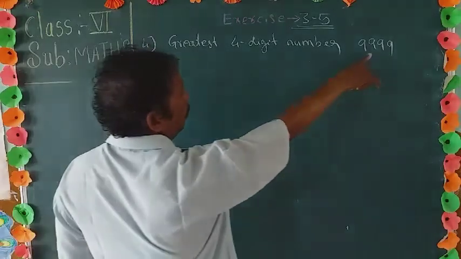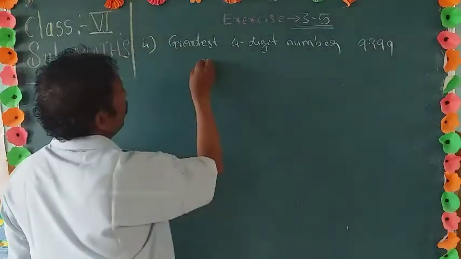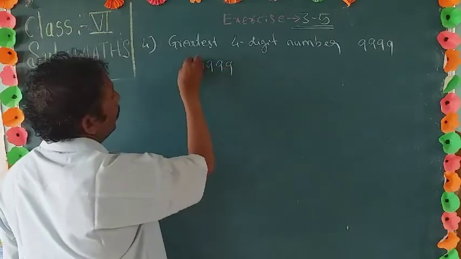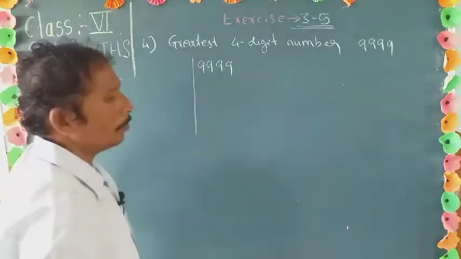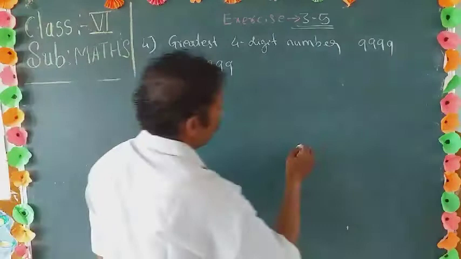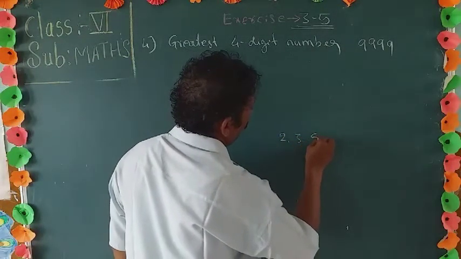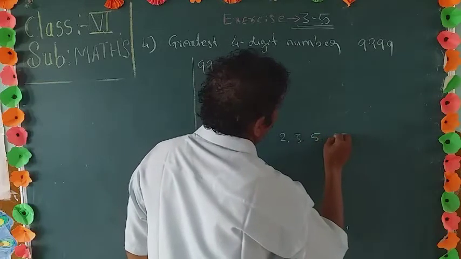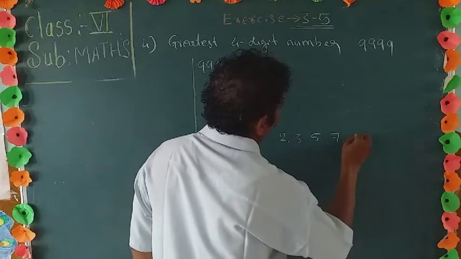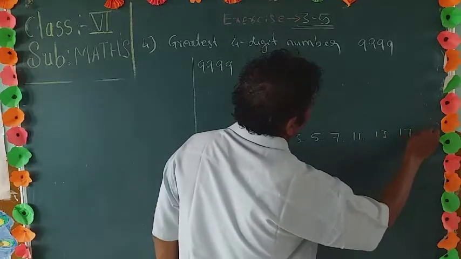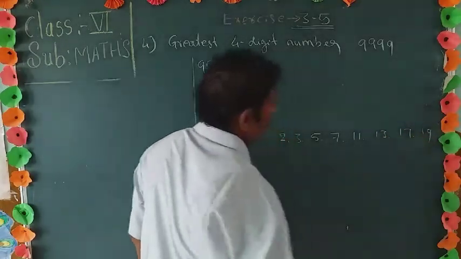Now find the prime factors of this number. Write the number 9999. Divide this number by prime factors only. First prime number 2, then 3, then 5, then 7, then 11, then 13, then 17, 19, like this.